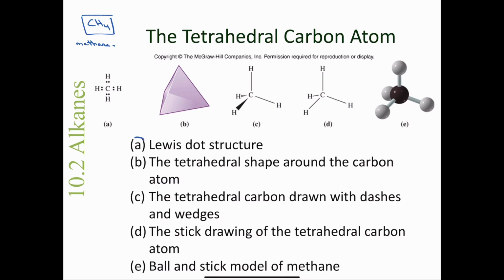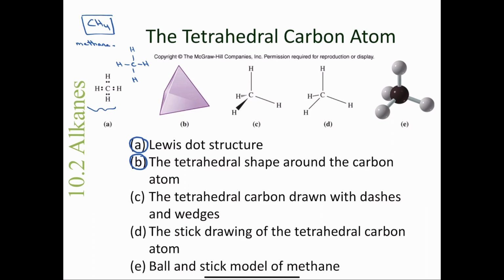The first one is a Lewis dot structure. I'm not a big fan of this one here where they leave the dots in between like this. I prefer my students to draw the bonds in like this, right? Because every bond is the sharing of 2 electrons. And you should be familiar with the tetrahedron. Now, in B here, they're just showing the shape of the tetrahedron.